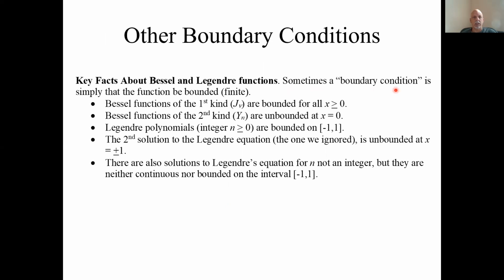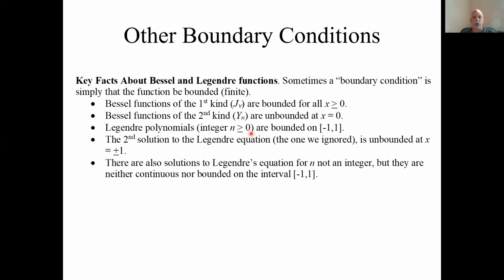Sometimes it's just that the function has to be bounded everywhere, including at the endpoints of an interval, perhaps. Here's where we recall some of the features of those solutions. Bessel functions of the first kind are bounded for all arguments x. Bessel functions of the second kind are unbounded at the argument of 0.